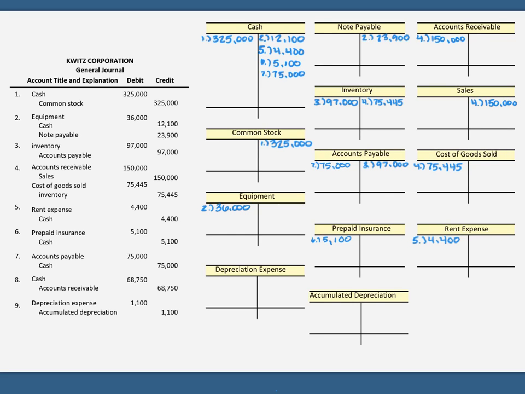Okay, number 8. Again, we have cash being increased this time, accounts receivable being decreased. So we'll increase cash, $68,750. We will decrease accounts receivable for that same amount.